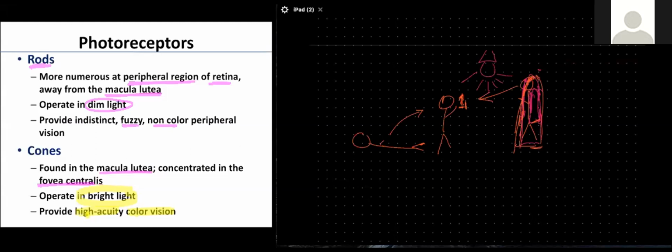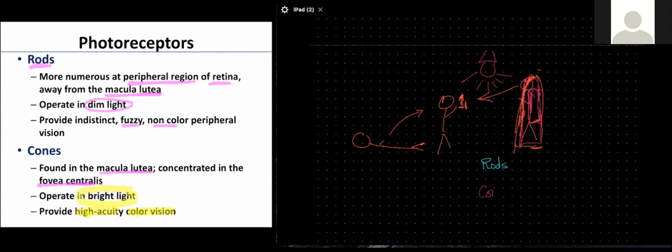So who was operating in the dim light, in low light condition? It was my rods. They did provide me with a non-colored fuzzy picture compared to when I turn on the light.